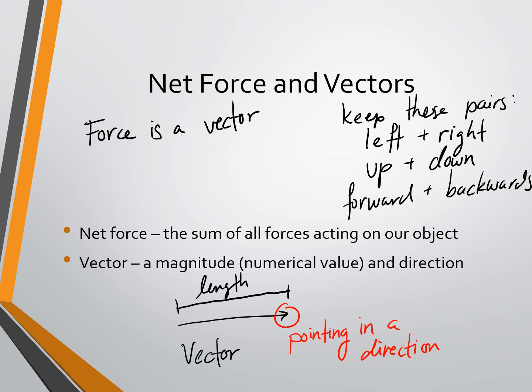If I'm going forward and backwards, those are the only two directions I'm working with. So I want to keep my pairs together when looking at net force. So let's keep working on this idea of net force and vectors until we get to a mathematical example.